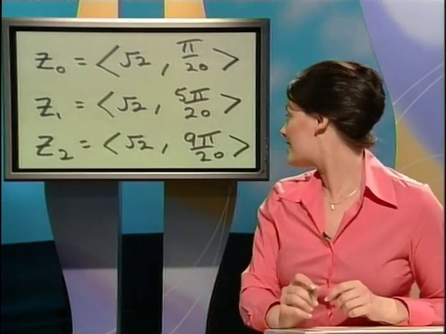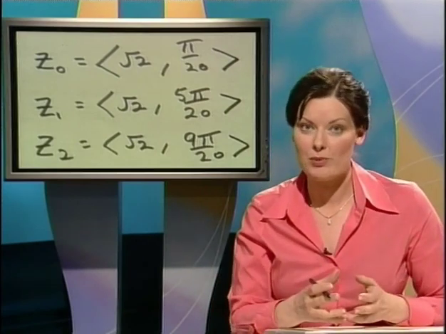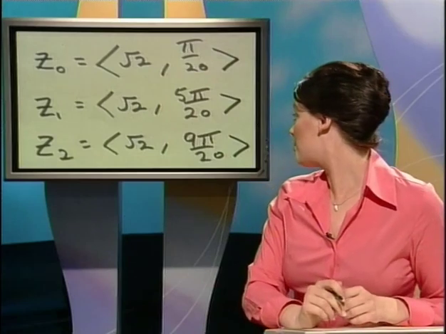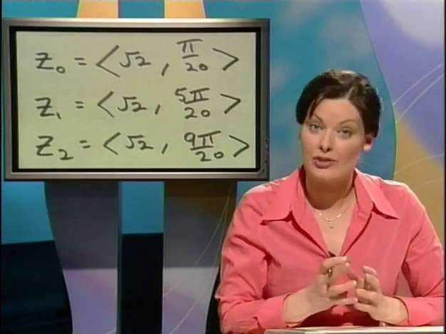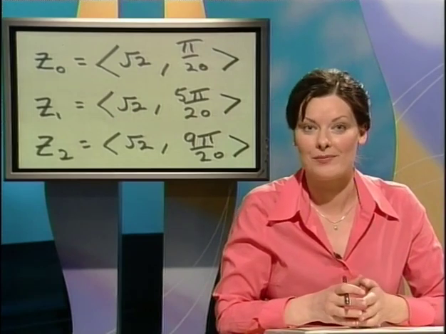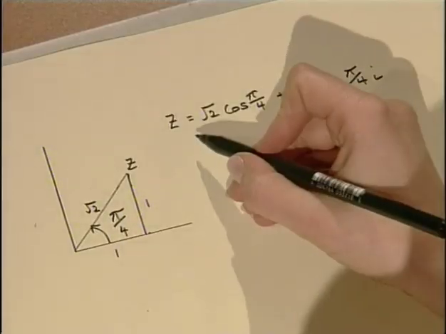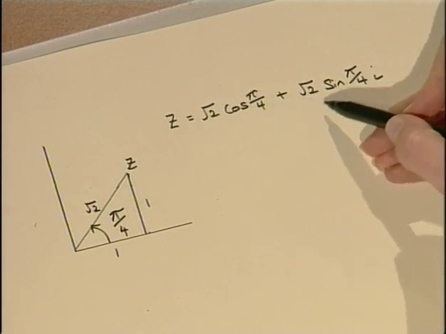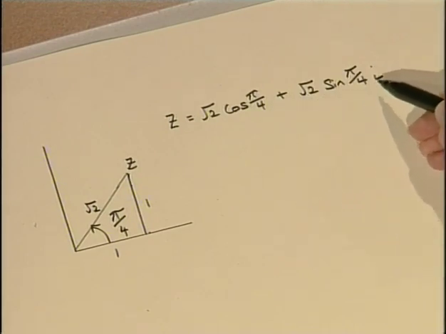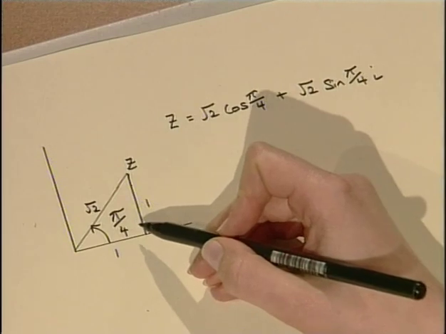So what about my 1 plus i? Well, looking at line z1, that's root 2 5 pi over 20, I can see straight away that that simplifies down to pi by 4. So z1 is root 2 pi over 4. And I saw earlier that that is 1 plus i. So let's check it using Alan's formula. Well, if we know that z equals root 2 cos pi by 4 plus root 2 sine pi by 4 i, cos pi by 4, well, that's 1 over root 2.